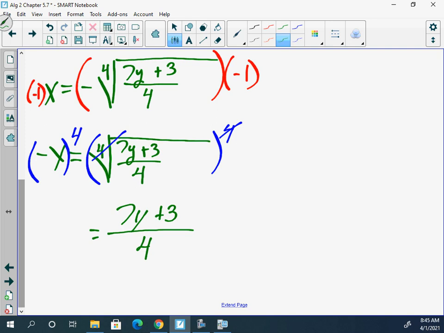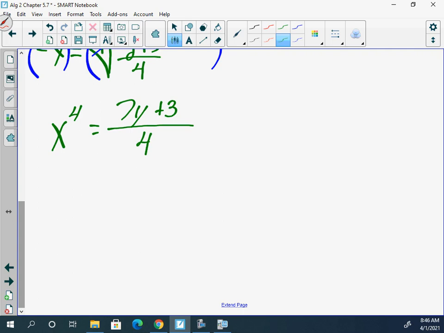And we have negative x to the fourth. Because anything to an even power, negative to an even power, becomes positive. So we just have x to the fourth. And that's why I was saying, since it's an even root, the negative moving it didn't make a difference. Because once we took the fourth power to both sides, it goes away.